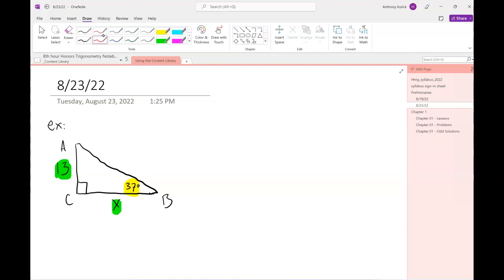Everybody's okay with that? Okay. So the equation that I would write then would be tangent of 37, always the angle measure inside sine, cosine, or tangent, equals the opposite, in this case 13, and the adjacent was x.